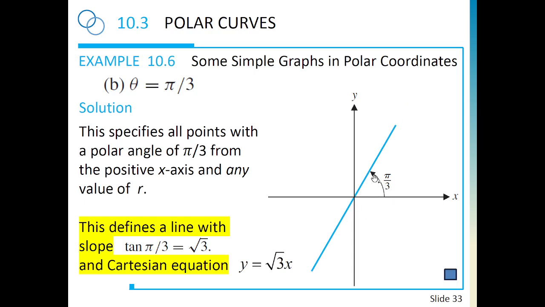So this is the angle pi over 3. What we get is actually a line. If the angle is pi over 3, tan of pi over 3 is radical 3. So we can have the Cartesian equation y equals radical 3 times x.